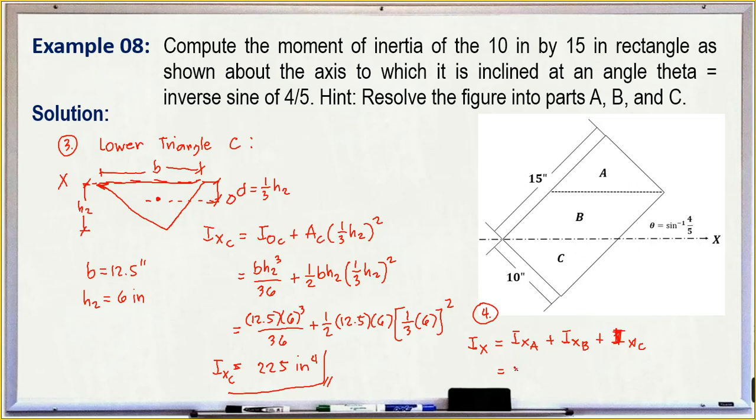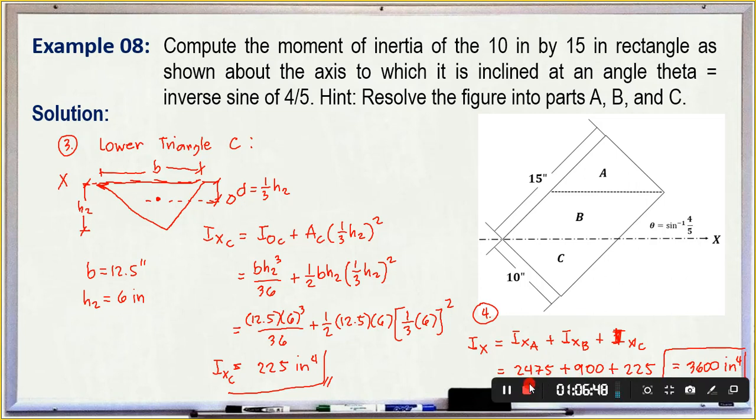For the upper, we have 2475, plus the parallelogram, 900, plus this one, 225 inch to the fourth. If you add these, the result is 3600 inch to the fourth. Okay, so this is our final answer. And that's it for our moments of inertia discussion.